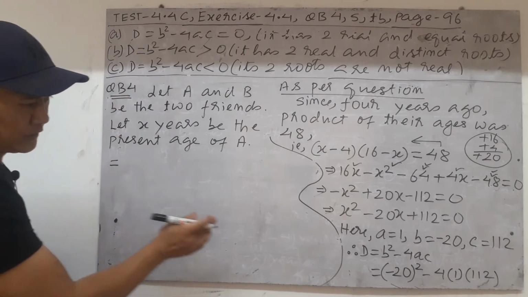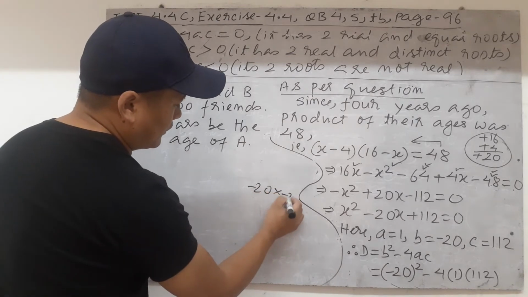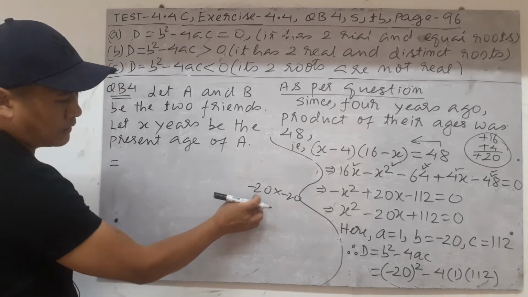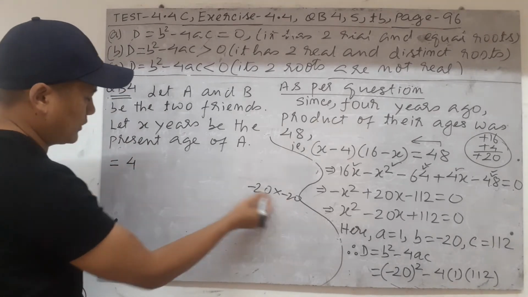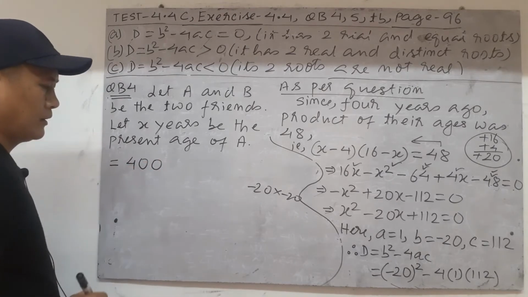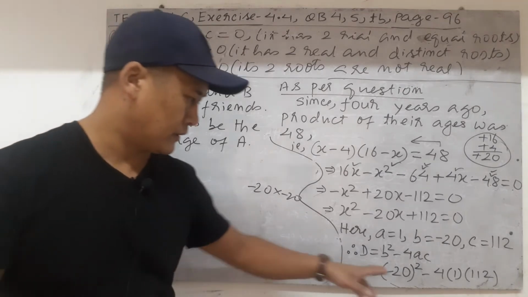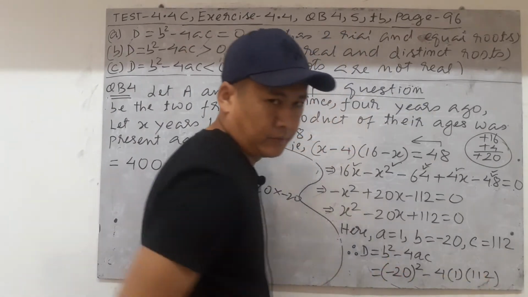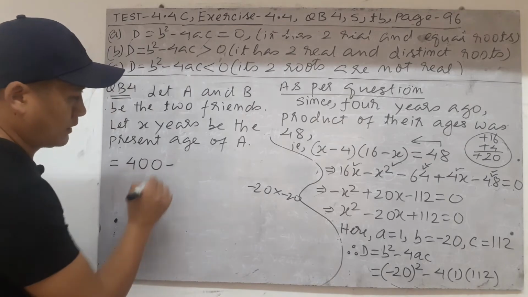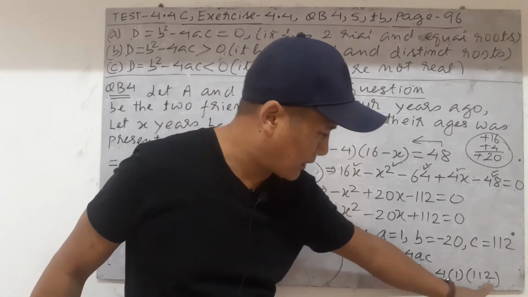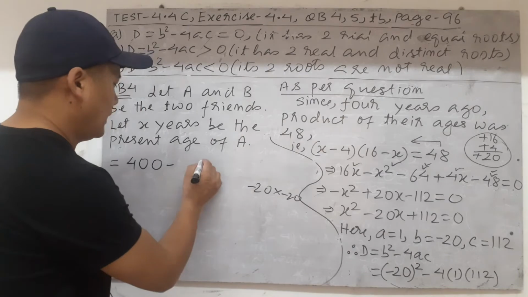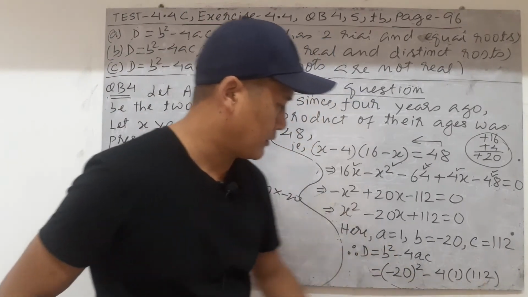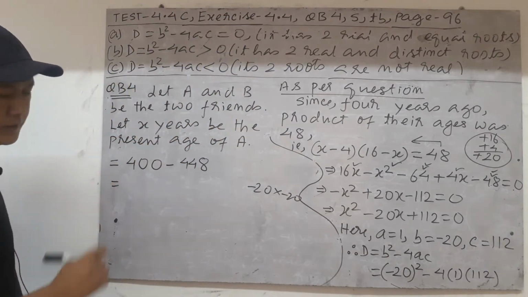Minus 20 squared is minus 20 into minus 20. Minus and minus make plus, so that is plus 400. Next, minus into plus gives minus. Then 4 into 112 is 448.